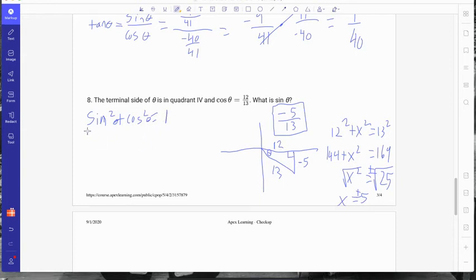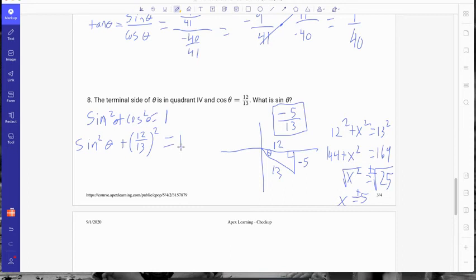We don't know what the sine squared is, so this is just sine squared theta plus 12 over 13 squared equals 1. Then I go ahead and do the square, so we have 144 over 169.